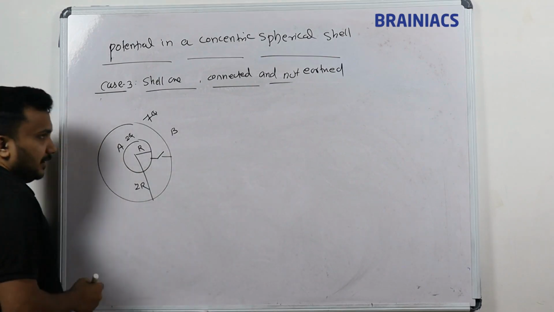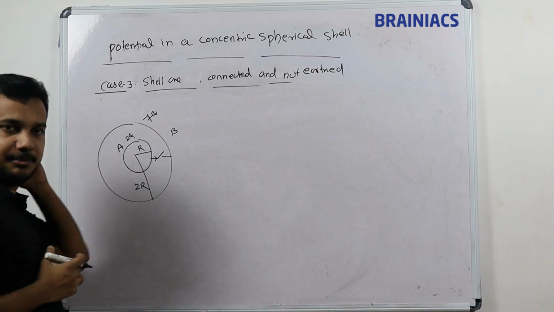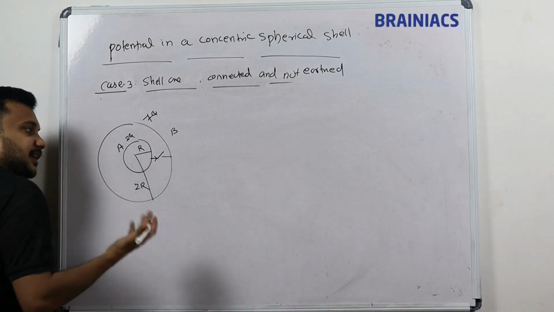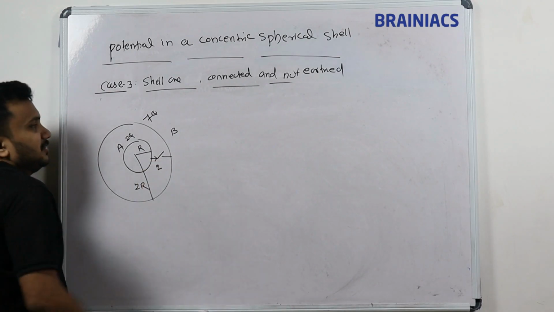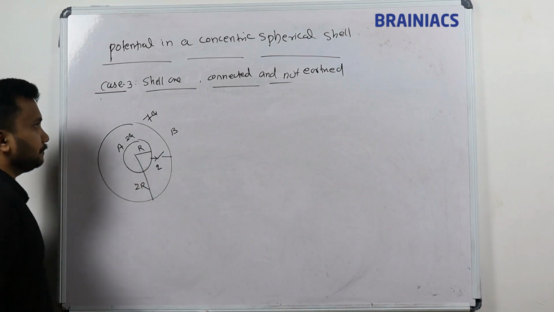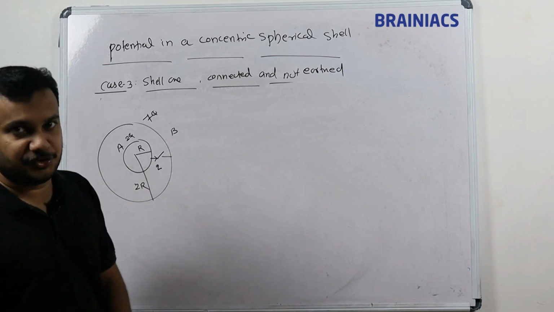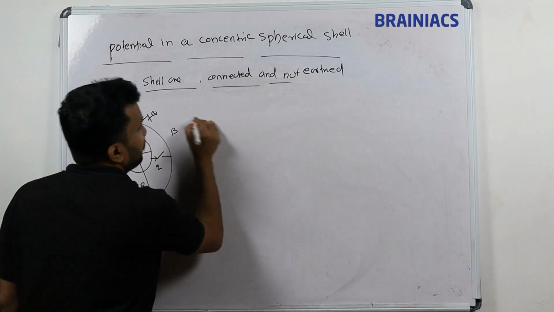So I'm assuming some amount of charge flow will be happening in any one of the directions. I don't know, I'm assuming from inner to outside q coulomb of charge is transferring. What is the value of q? How much charge is transferred from smaller charge to bigger charge? So let me frame the question.